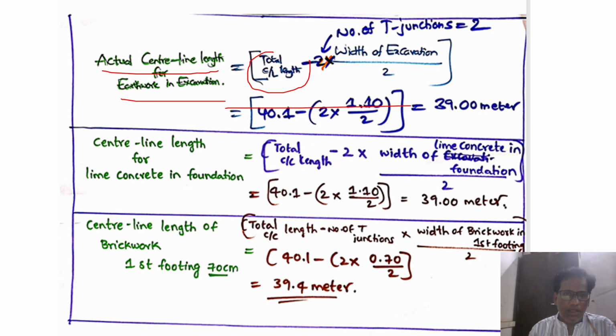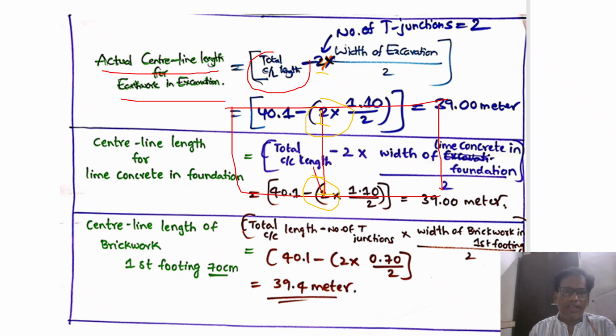In this drawing we have two T junctions, one here and another here. Those are repeating, especially in the portion of the partition wall, so we have to deduct them.